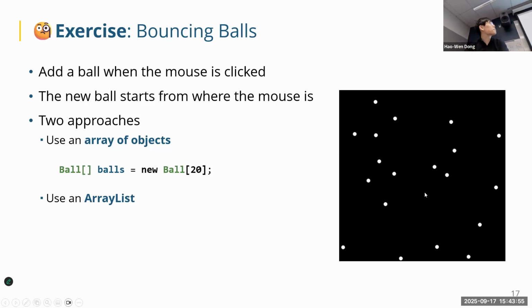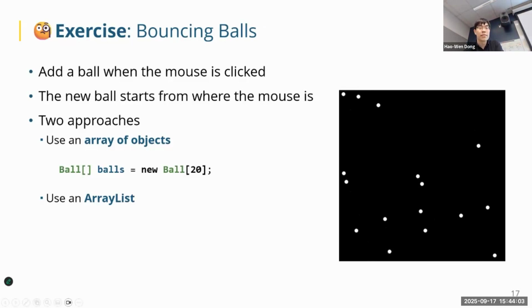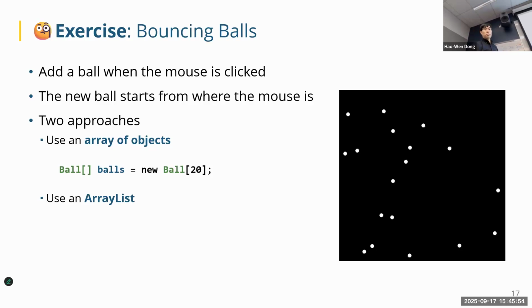Whenever you click the mouse, you will get a new ball at a random position with a random speed. Okay. Any progress?